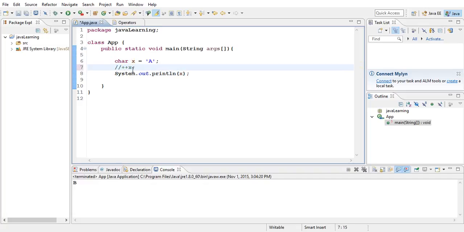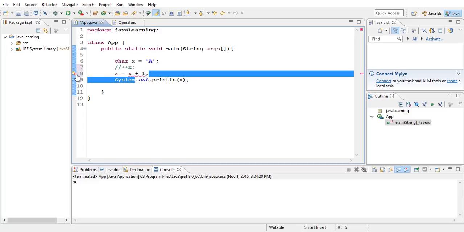So this would be same as saying x equals x plus 1, but we will not be able to do so because that results in an error.